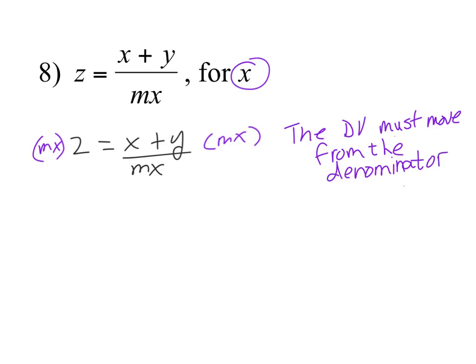Extra super bonus if you say something like the designated variable must move from the denominator, so I canceled, I'm drawing a blank if that has one L or two, I think it's two, dividing by mx with multiplying by mx.